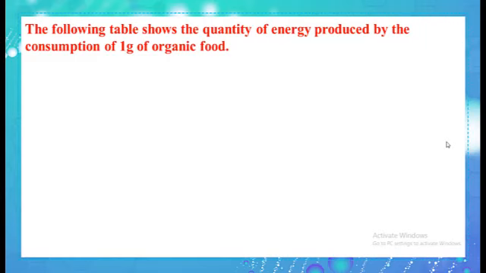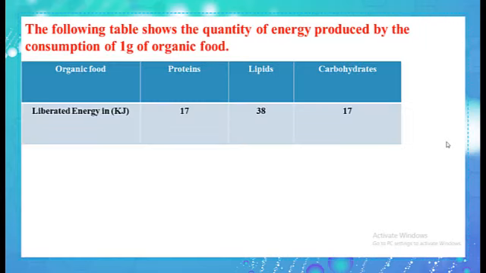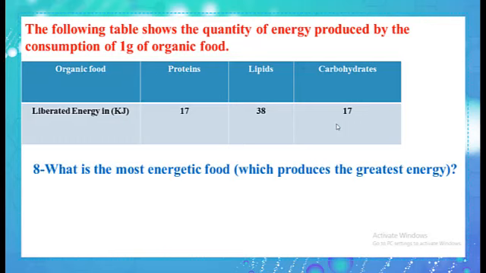Let us examine this table which shows the energy released in kilojoule for each type of food. The energy released from proteins is 17 kilojoule, the energy released from lipids is 38 kilojoule, and the energy released from carbohydrates is 17 kilojoule. So we can conclude that not all food can supply us with the same amount of energy.